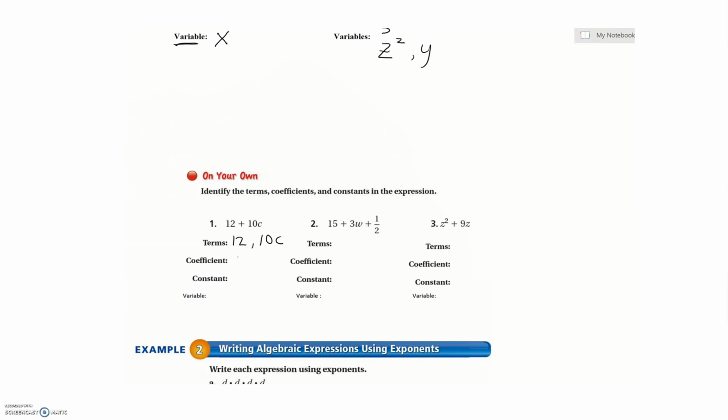Our terms, our coefficient, our constant, there's 2, and then the variable. For the next one, the coefficients are 9 and that invisible 1, and we do not have any constants. And the variables are z squared and z.